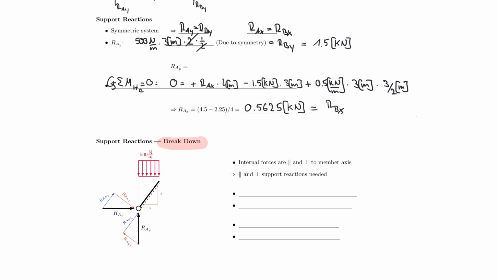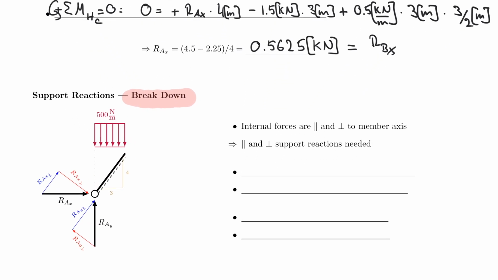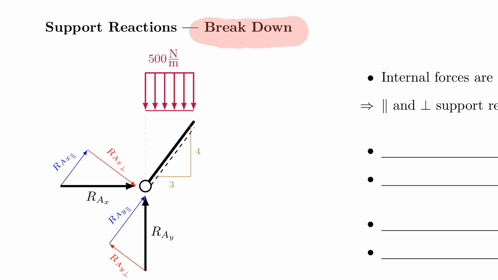And once again, we do the breakdown of the support reaction, which now I don't have to explain as much in detail, but once again, I will break down the long side to a parallel and perpendicular component. So here's the parallel, here's the perpendicular, same here, parallel, perpendicular. And just as before, I will assign my angle alpha here, and then therefore I also have angle alpha here. And if that was too fast for you, please see what we did for the self-weight.